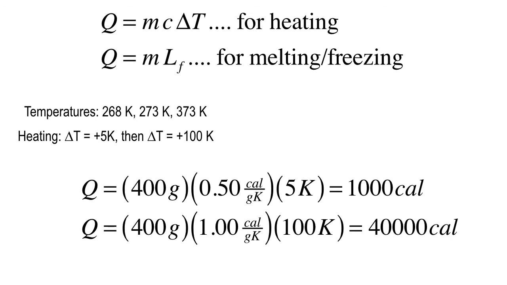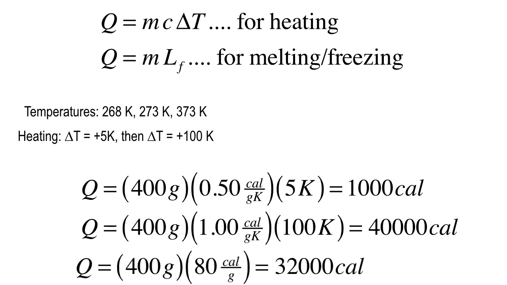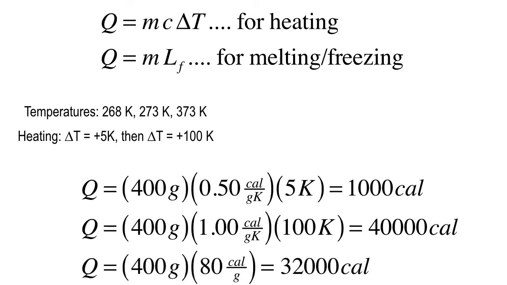But I haven't used the melting equation yet, so let's do that. Here's Q for that. Just take the number of grams you have, and each one of them requires 80, so 400 times 80. Bing. 32,000 calories.